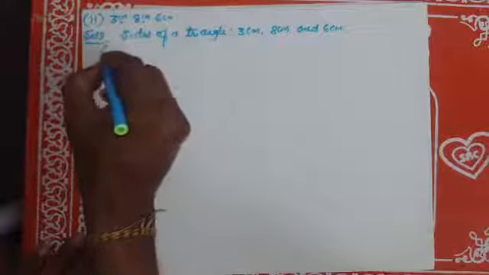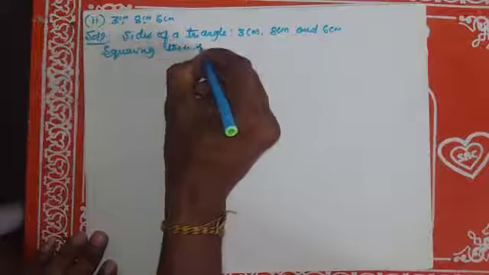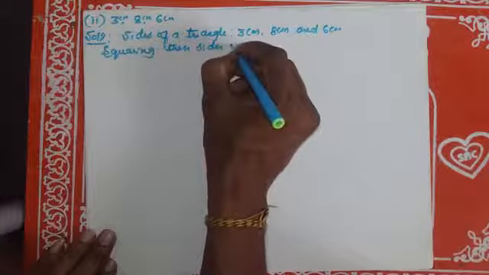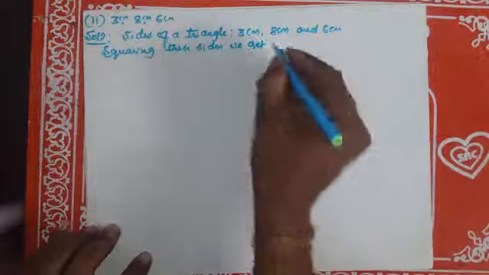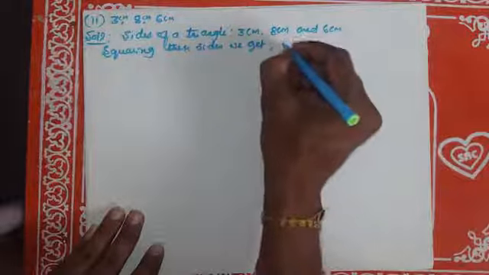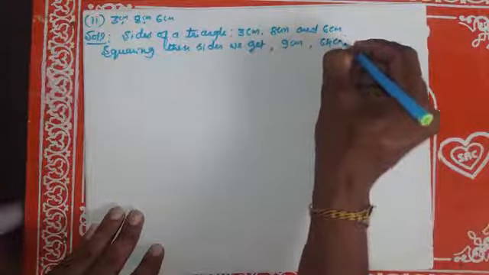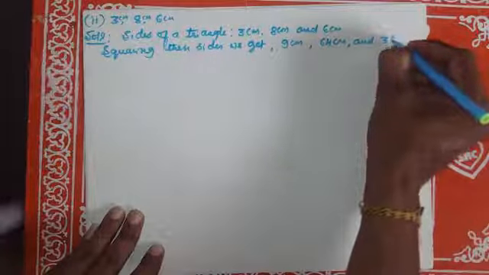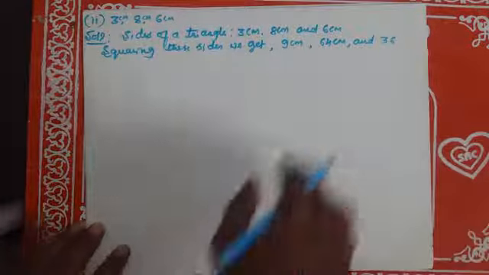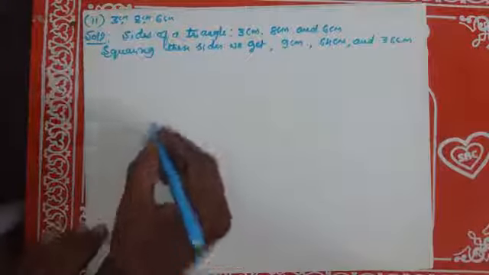And what is the second step? Squaring these sides we get: 3 square is 9 centimeter, 8 square is 64 centimeter, and 6 square is 36 centimeter.